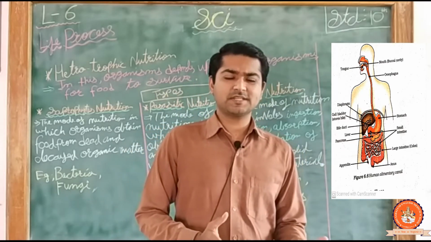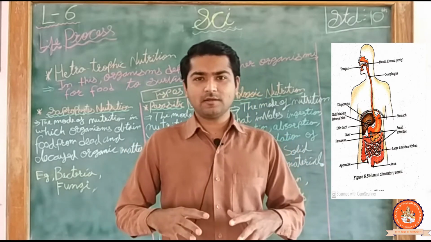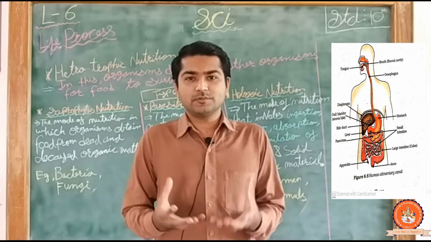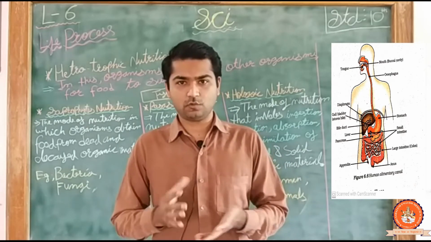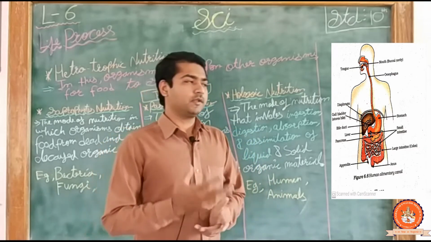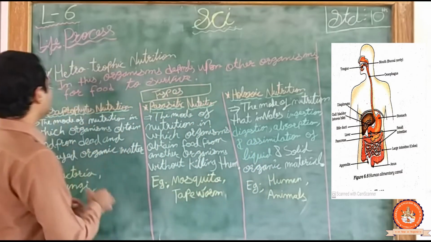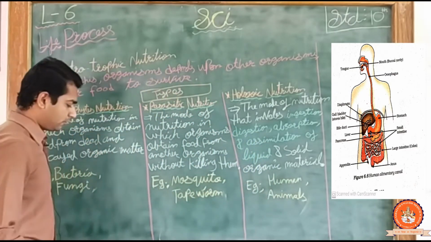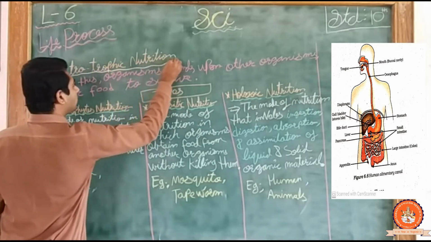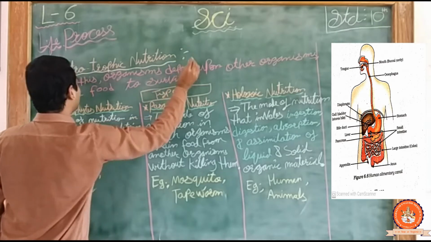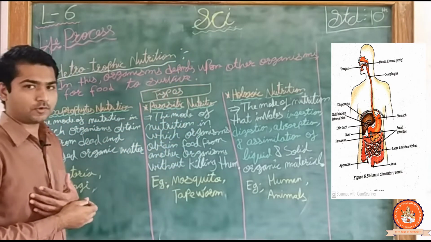So autotrophic nutrition is the one in which the plant itself produces food for itself and for us also. Clear? Now what is heterotrophic? The definition is given in your book, and I have also written it on the board. If you want, you can write it from your book.